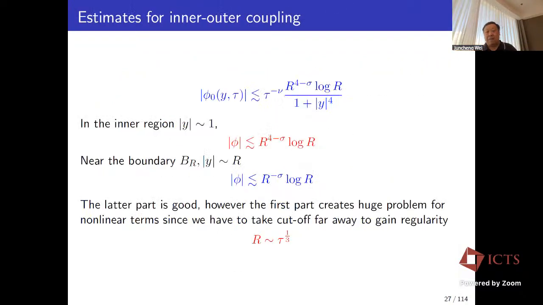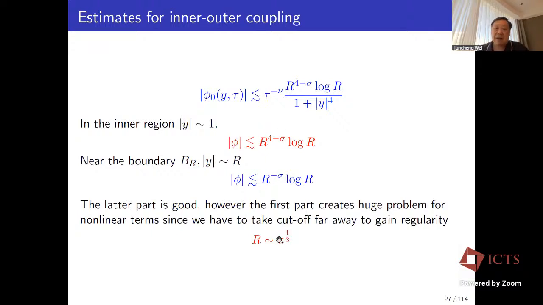But then there is a problem, because the optimal region we can take involves a balance between the outer problem and the inner problem. The balancing gives R equal to tau to the 1/3, which is still small under the self-similar region, which is square root tau. But this is huge. If you are in the interior, you lose tau to the 4/3, so you lose a lot of time decay.